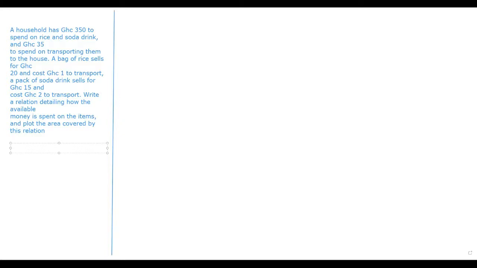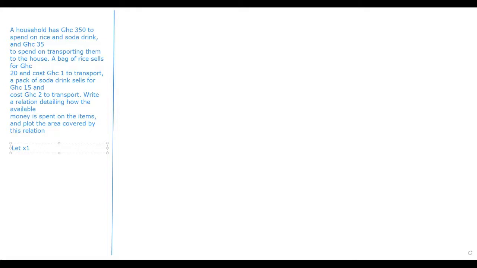Okay, thank you very much for reading it. So how many decision variables are we having? We've done the two. They are x1 and x2 for the quantity of rice and the packs of soda drinks.